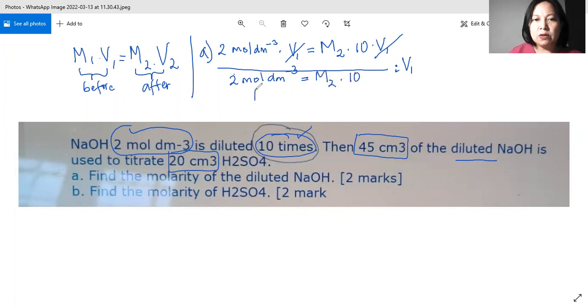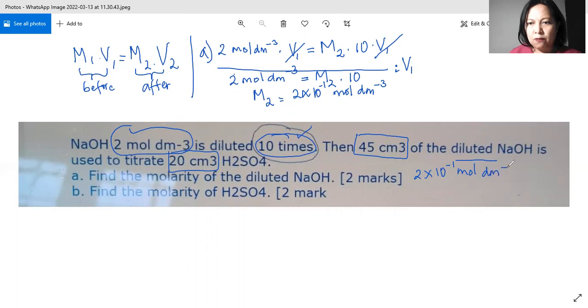In other words, M2 equals 2 mole per decimeter cube divided by 10, so 2 times 10 to the power of -1 molar. We already got the molarity of the diluted NaOH, which is 2 times 10 to the power of -1 mole decimeter to the power of -3.